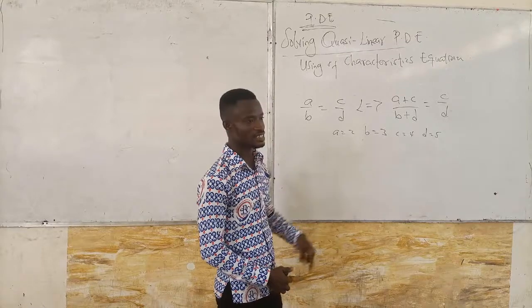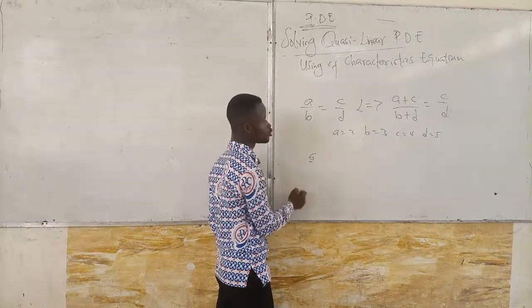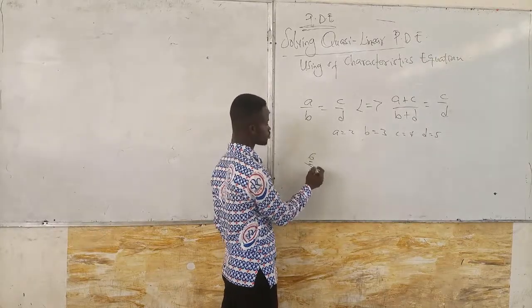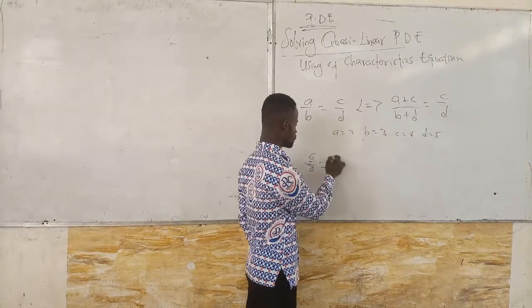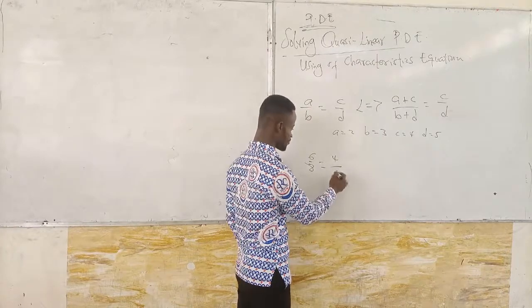A plus C. What is that? 6. Very good. B plus D. 8. And we are saying that it's equal to C over D. What is C? 4. What is D? 5.